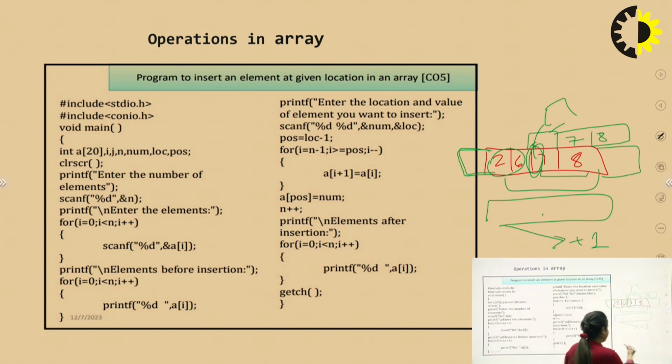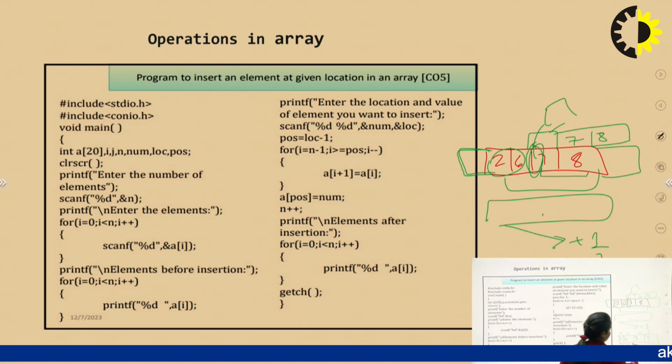Okay, means if this is an array 2, 6, 8 and 9, let's suppose indices 0, 1, 2 and 3, then if you want to enter here, after position 1, then 2 and 6 will remain as such; there will be no disturbance. But after that, you have to shift the array.